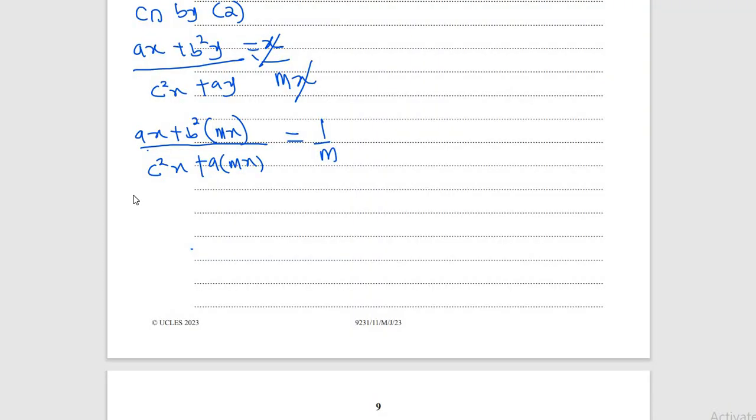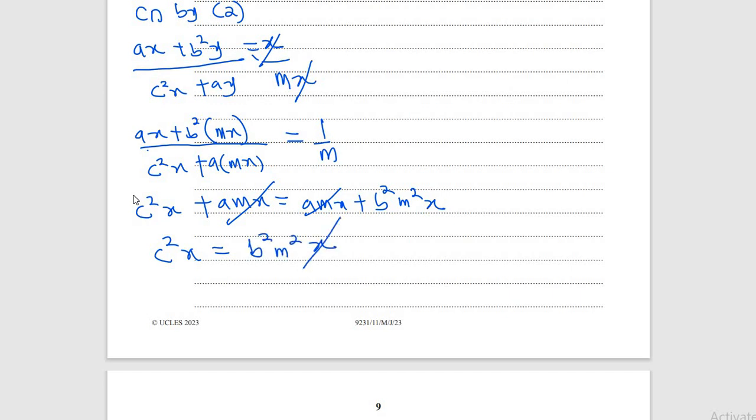When you cross multiply, c square x plus amx equal to amx plus b square m square x. Now this cancels this. At the end of the day, we have c square x equal to b square m square x. This x cancels this x. So we have b square m square equal to c square.